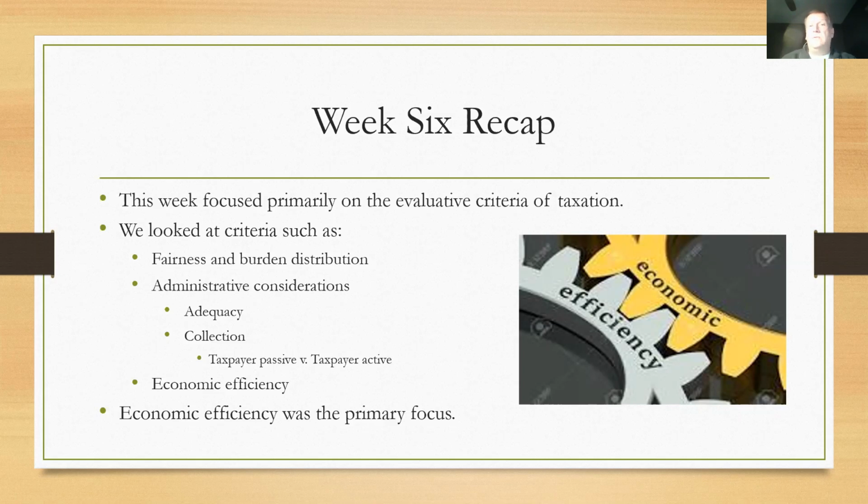We talked about administrative considerations such as the adequacy of the tax, the collectability of the tax, and we had mentioned that some taxes are very taxpayer passive, whereas other taxes are taxpayer active. The more taxpayer passive the tax, the more collectible the tax tends to be. The more taxpayer active the tax, the less collectible the tax is.